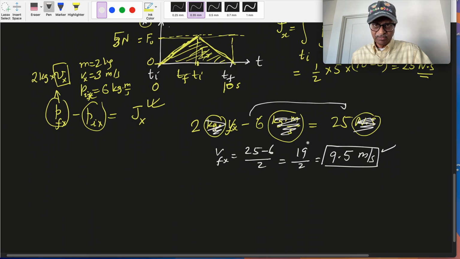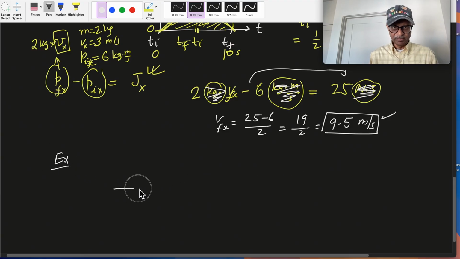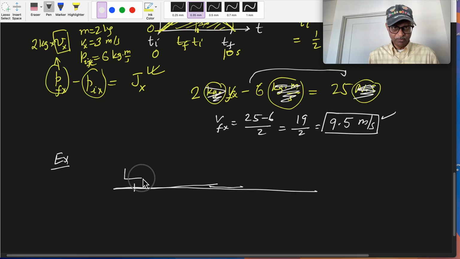Let's do another example. This example will be a little crazy. Let's see, you start out the same, still 2 kilogram, still going 3 meter per second.